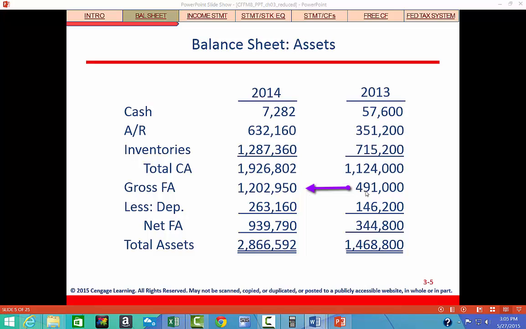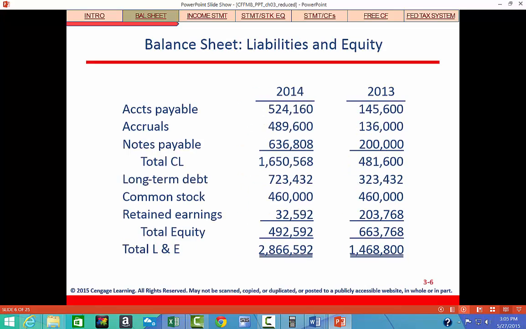This is because they did the expansion and they bought more fixed assets. It went from 491,000 to 1.2 million. And then they have more depreciation because they have more assets to depreciate. And then overall, you can just see that their assets doubled from 1.4 million to 2.8 million. And that's not always a good thing.